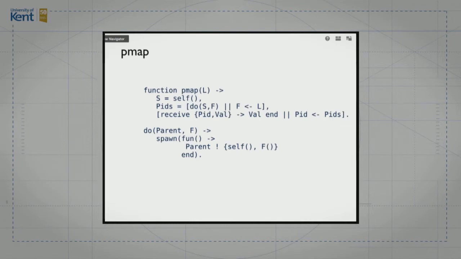PIDs is this function do of SF, mapped over the arguments of a list. And then we go into a receive statement with the arguments that come from the list of PIDs. This involves several things. It involves a couple of list comprehensions. It involves a spawn and a send and a receive. But having done that, we've made an abstraction which allows us to easily describe parallel computations.